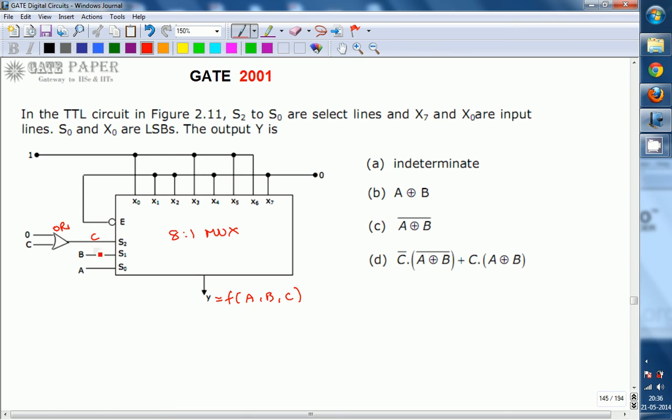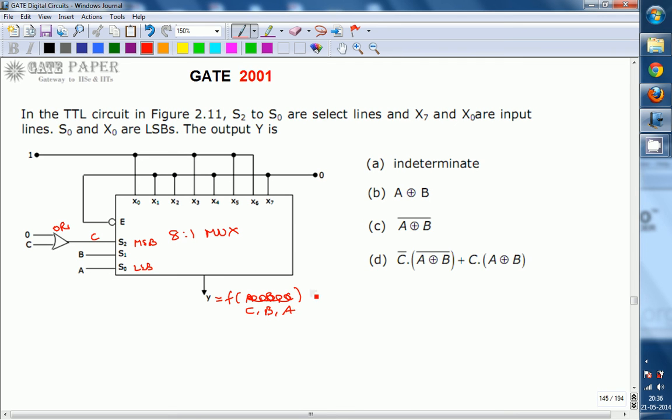Generally, S2 is the MSB and S0 is the LSB. So instead of writing ABC, we will write it as CBA because MSB is C in this case.